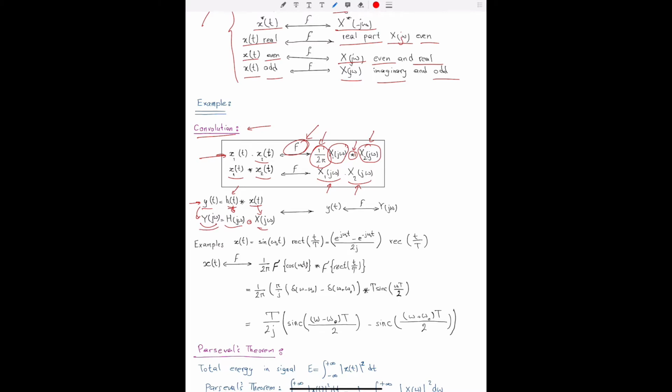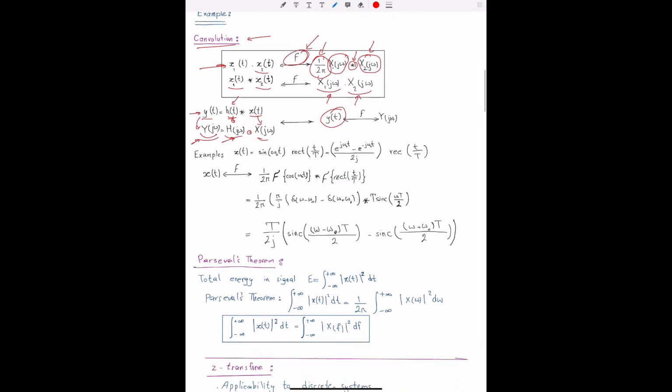And from that you can find y of j omega, and if you want to find y of t, then you can just find the inverse transform of that. So that's another way to get y of t by just using the Fourier transform.